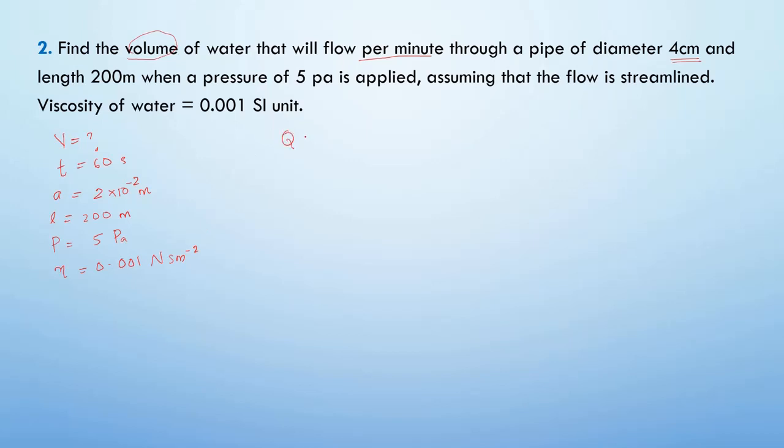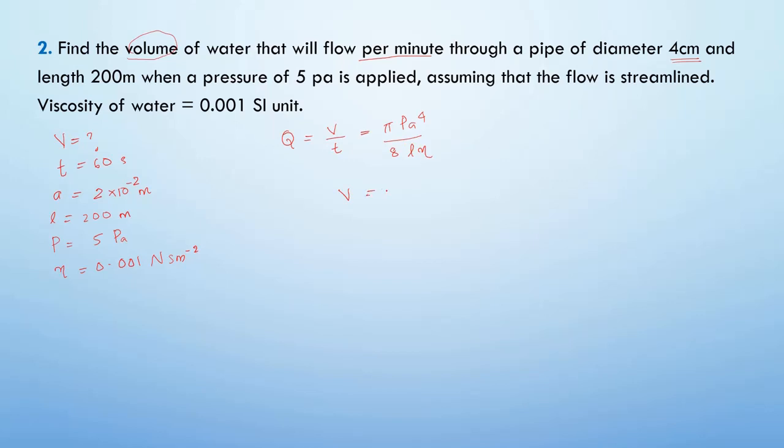We have the equation Q, which is volume rate of flow, that is volume by time, is equal to pi p a to the power 4 divided by 8 L eta.